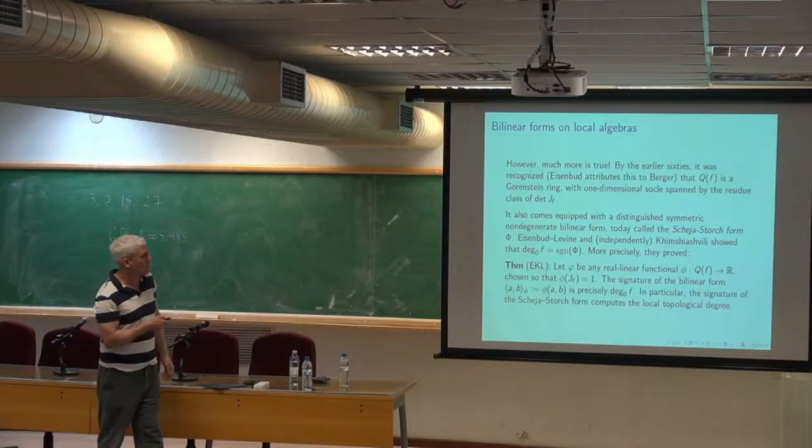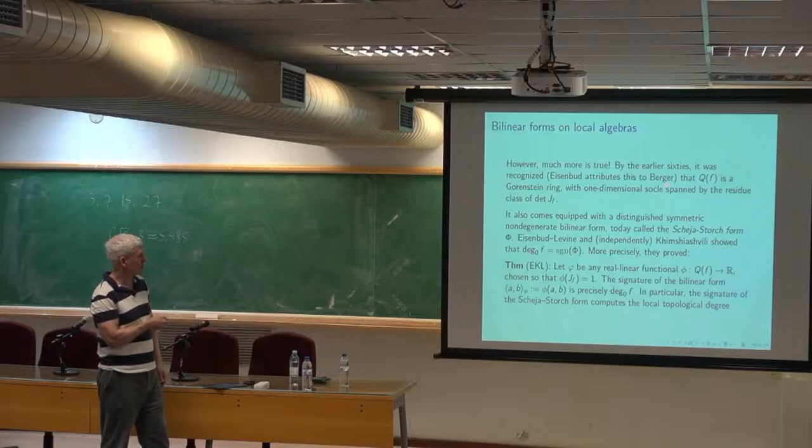Okay, but there's a lot more that's true. So this local algebra has a lot of interesting structure. In particular, by the 60s, Berger had realized an important fact: this local algebra is actually a Gorenstein ring, which is a special kind of Artinian ring.